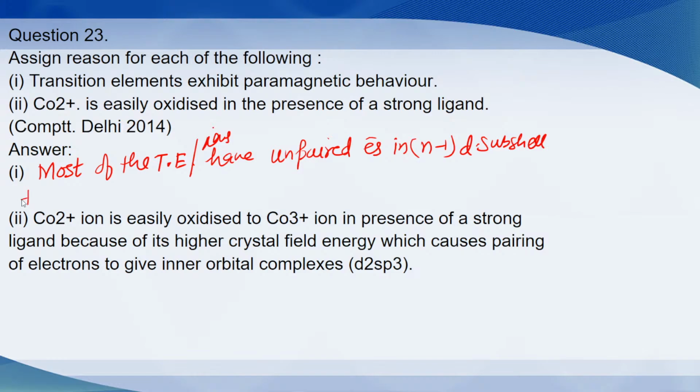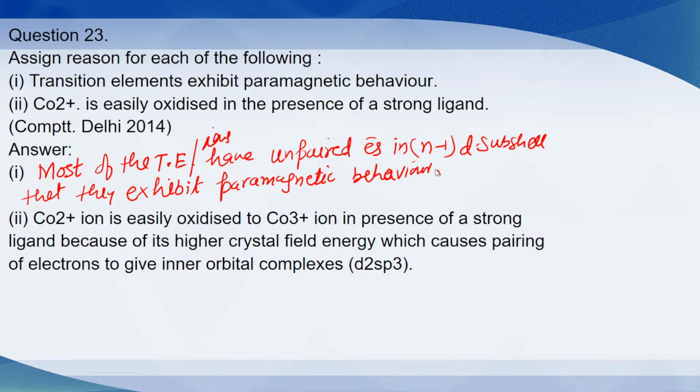That's why they exhibit paramagnetic behavior, because paramagnetic substances are those which have unpaired electrons. In most of the transition elements or their ions, they have unpaired electrons, and that's why they exhibit paramagnetic behavior. That's the reason.